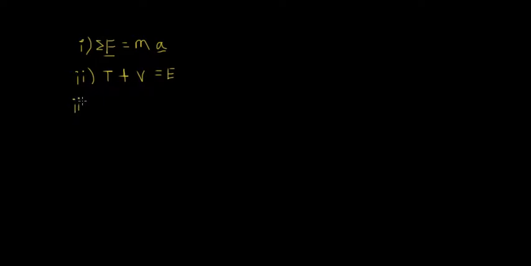The third one is the conservation of angular momentum about the axis O if the force field is a central force field, so there is no resultant torque acting on the particle about the axis O. These are the three things you have to know in order to derive the equation of motion, and therefore the shape of the orbit for the satellite.